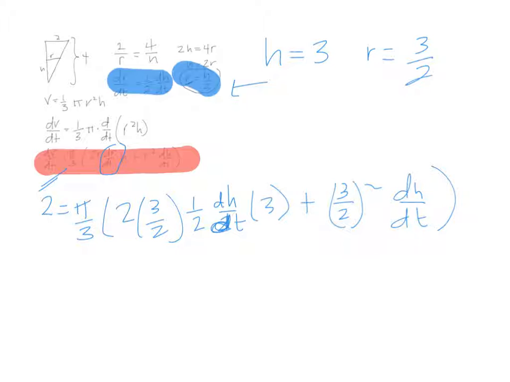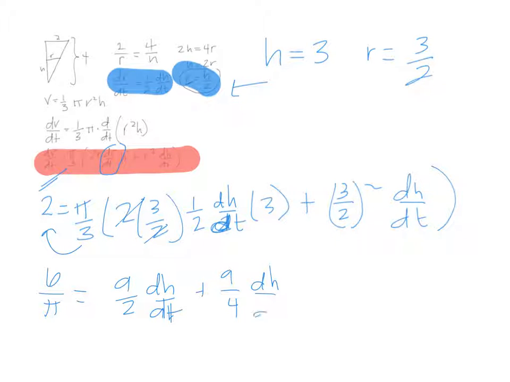Okay, so I'm going to do some simplifying here at this point. I'm going to bring this pi over 3 over, so it's 6 over pi, just to get rid of it for a second. These 2's divide out, so I'm left with 9 over 2 dh over dt, and then 3 over 2 squared is 9 over 4 dh by dt. So I could make that 18 over 4, and then that becomes 27 over 4 dh by dt.